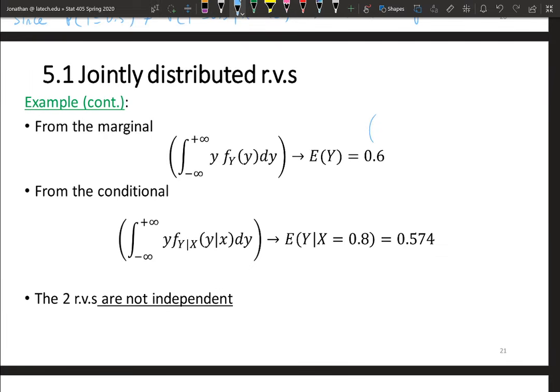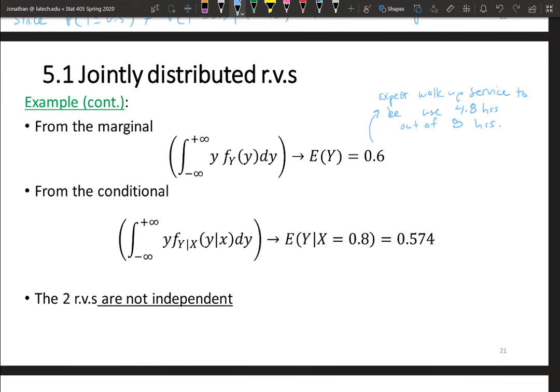So basically this means we expect walk-up service to be used 4.8 hours out of 8 hours. So that's what this expected value tells us. It's telling us how much time we expect the walk-up service to be used out of 8 hours. So 4.8 hours basically.